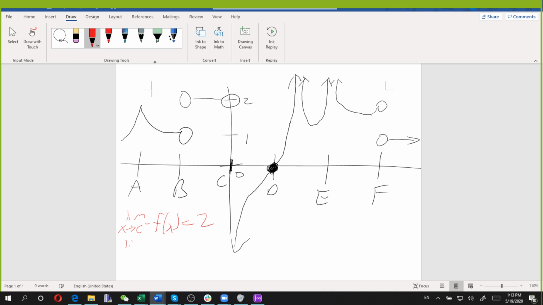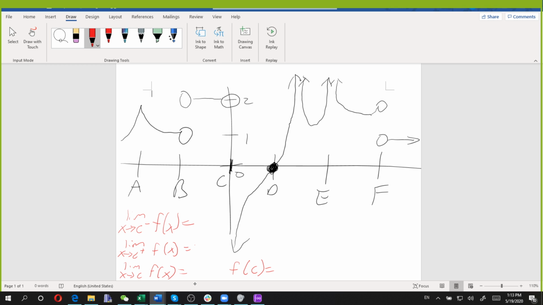Limit from the right? Also 2. General limit? 2. And what happens if I plug in the point? 2. Okay, so everything is 2 for point A. So is this continuous, removable, or non-removable? Continuous, perfect.